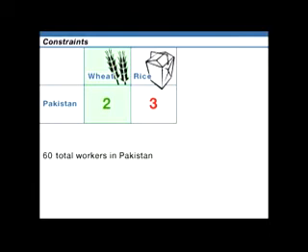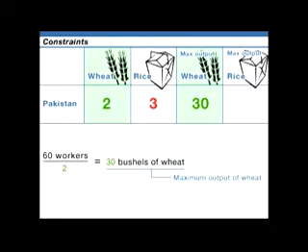In particular, suppose we take those 60 workers and divide them by the 2 workers that are needed to produce 1 bushel of wheat. The total amount of wheat that can be produced in Pakistan in a given period of time is 30 bushels of wheat. 60 workers divided by 2 workers per bushel of wheat equals a total of 30 bushels of wheat, the maximum wheat output possible in Pakistan.